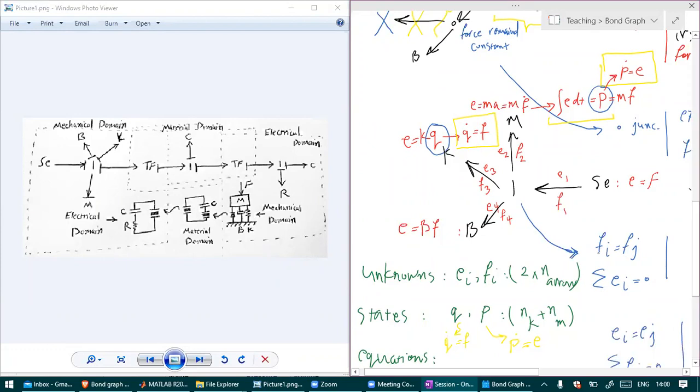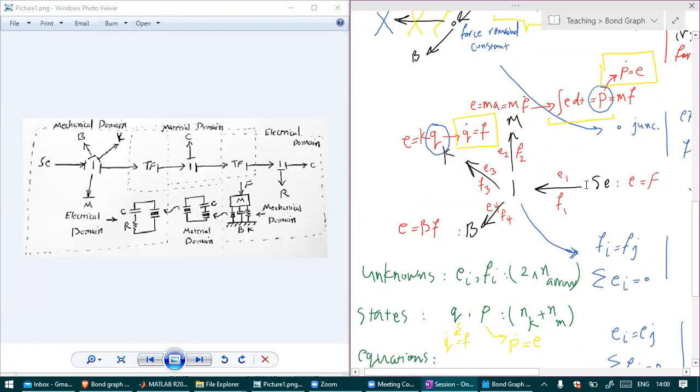defines the part of the system flow or the part of the system effort. Okay. Let me start with an example. The source of effort. In this part of the system that is shown by this arrow, what is defined by the source of effort? Is it the effort or is it the flow? It's the effort, right?